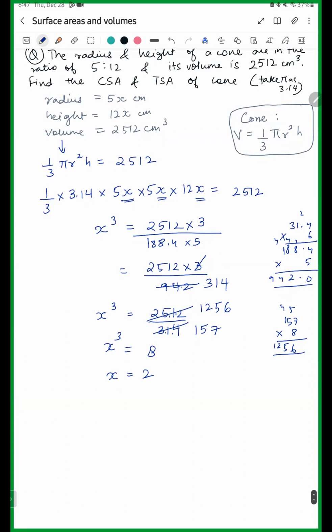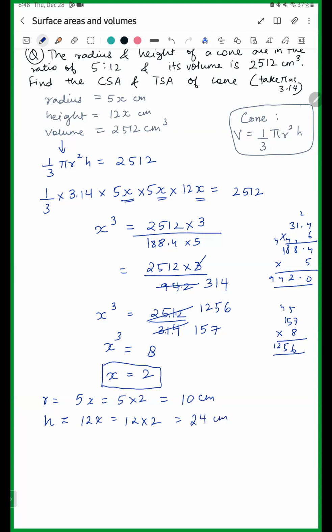So radius r is equal to 5x, which is, oh sorry, 5 twos are 10 centimeters, and height is 12x, 12 twos are 24 centimeters. So this is your radius and your height.